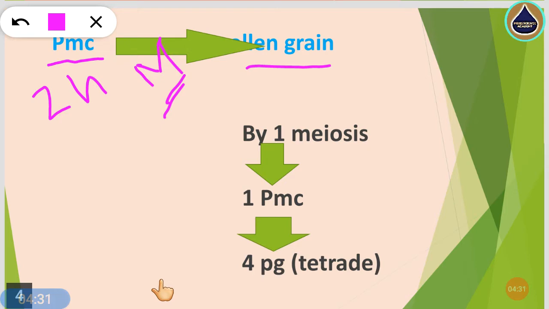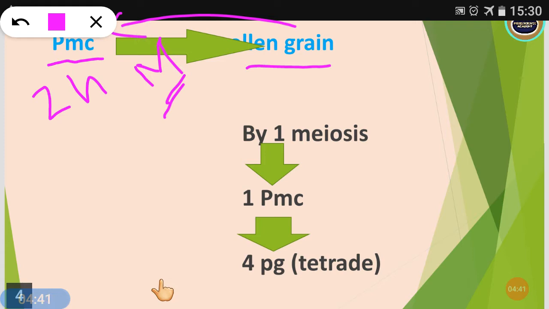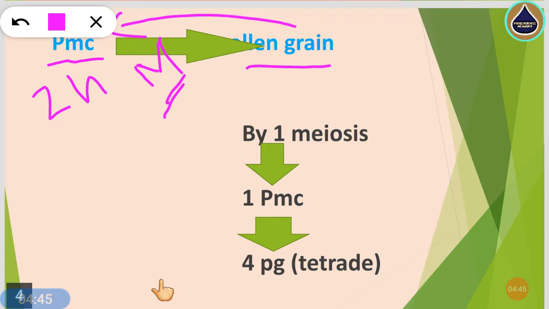So I hope you are understanding what a pollen grain is, and that male gametes are formed in the pollen grain. These pollen grains are formed by the pollen mother cell, by the process of meiosis, which is a reduction cell division.